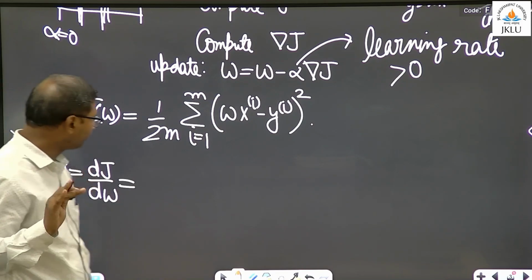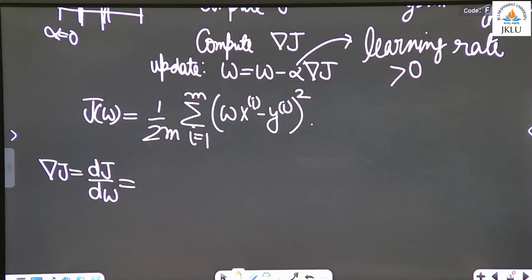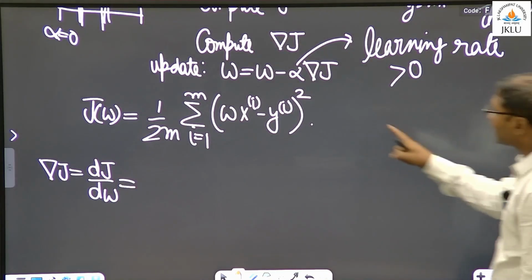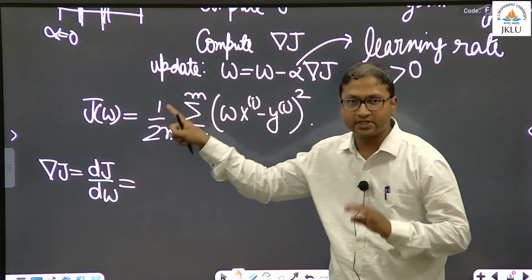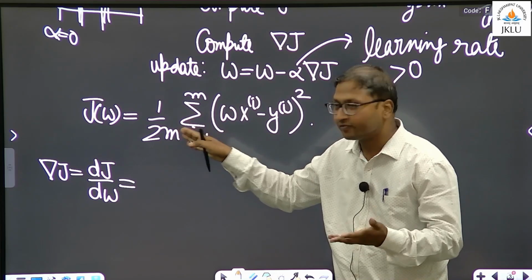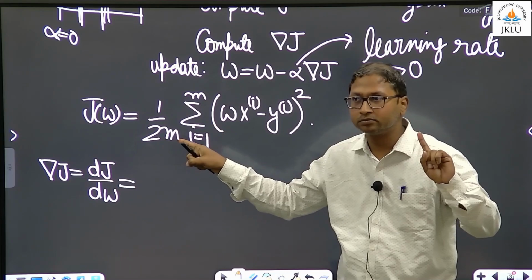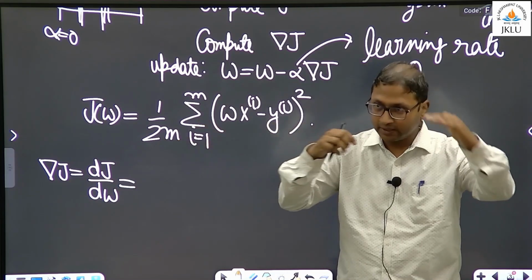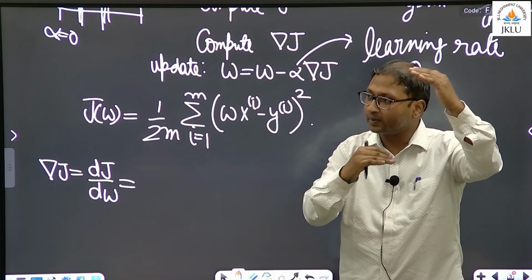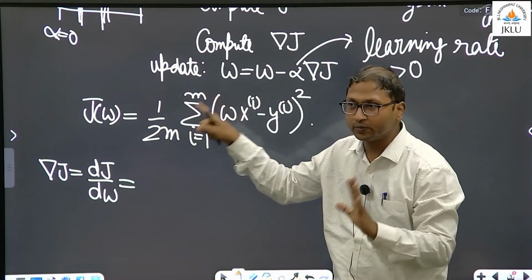You have to help me out, I don't know differentiation. First of all tell me how many alphabets are variables here? Is m a variable? No, right? It's a fixed number, which is the number of training examples. So m is a fixed number, you will eventually put a number here.